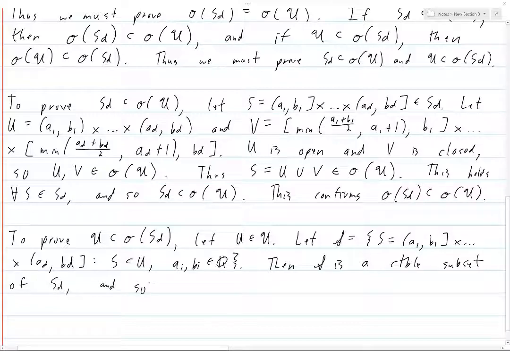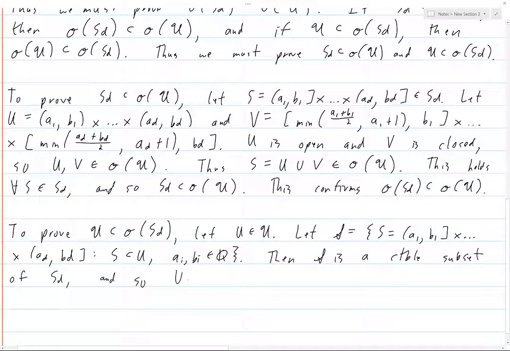And so the union over all sets S in this collection S is contained in the sigma field generated by SD. And that's because the sigma field generated by SD is closed under countable unions. Okay, I claim that this union is actually equal to U.